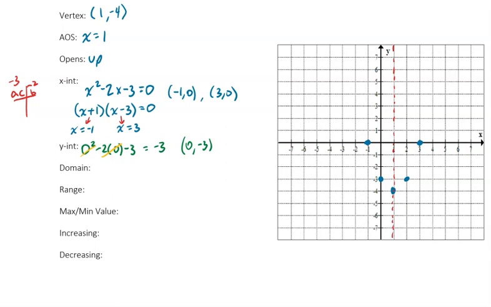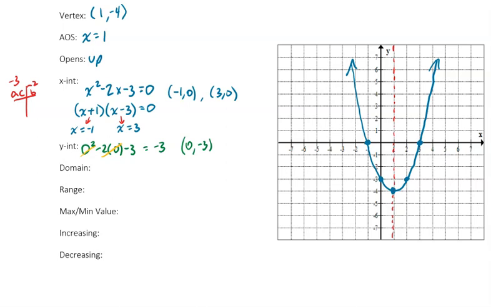And that'll just help us draw the shape a little bit better. All right, with that said, let's go ahead and draw the U. And then we can do domain, range, min-max, increasing, decreasing.